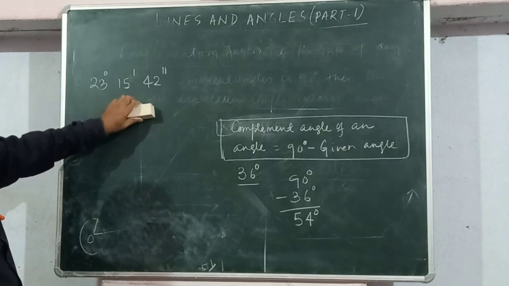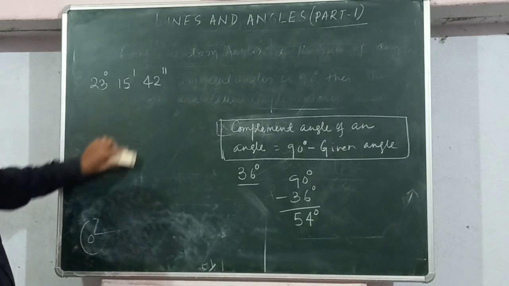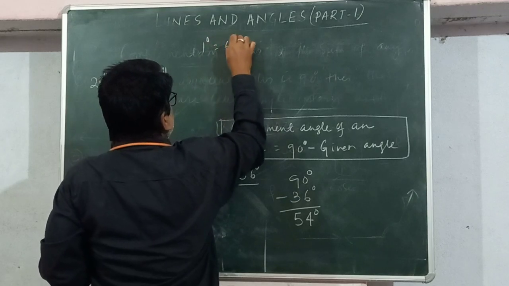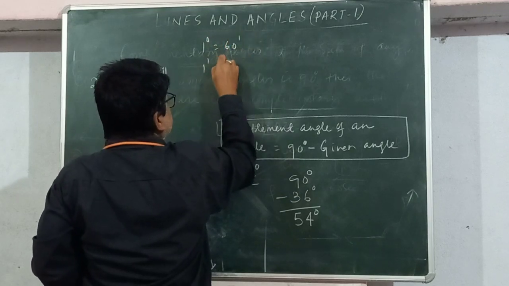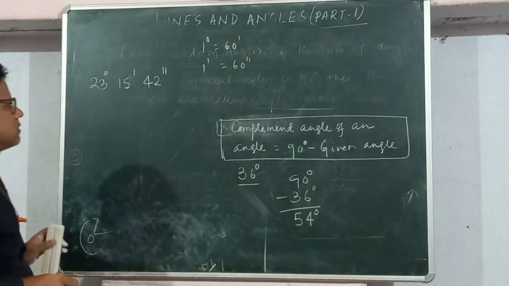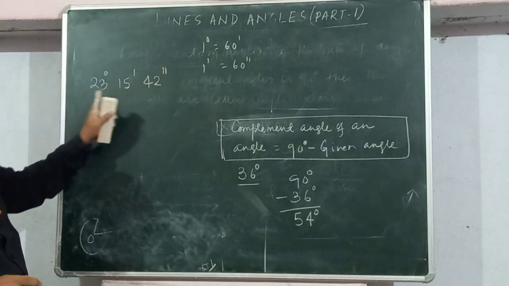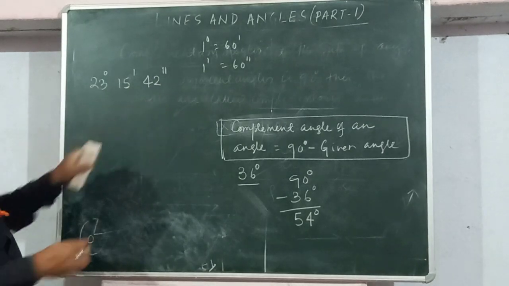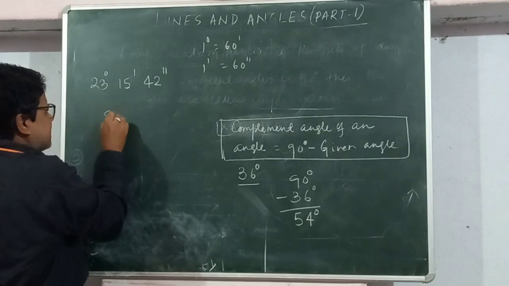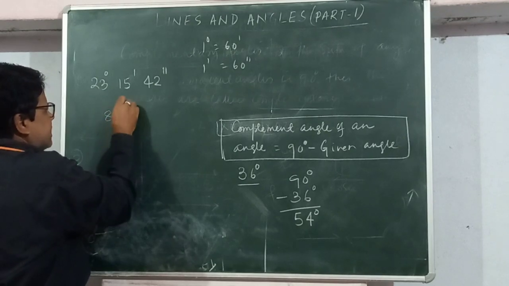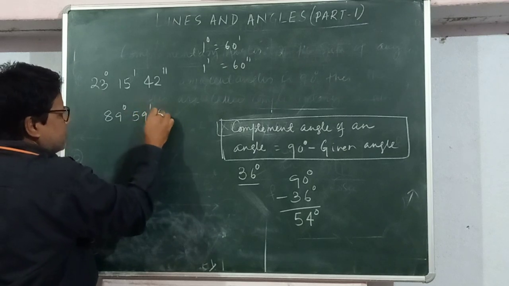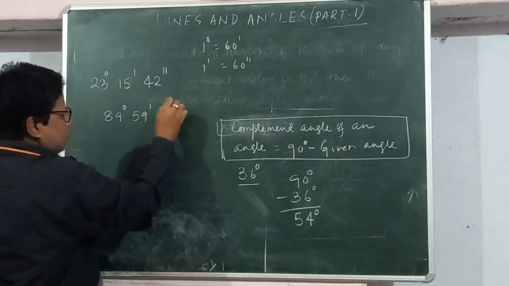We should know here 1 degree is equal to 60 minutes, 1 minute is equal to 60 seconds. Now, when we want to find the complement angle of this angle, we have to write 90 degree as 89 degree, 59 minutes, 60 seconds.